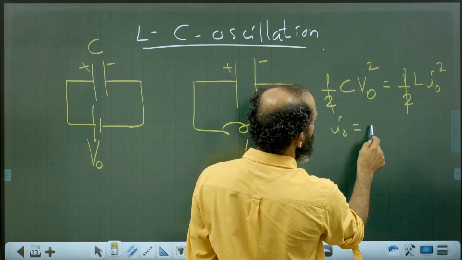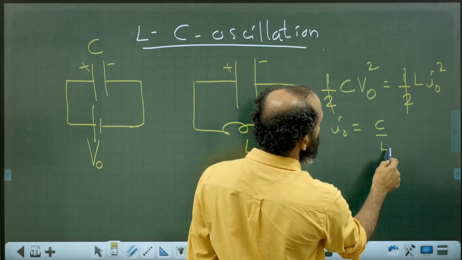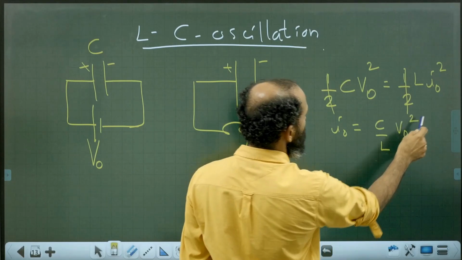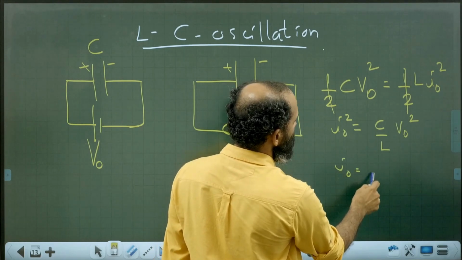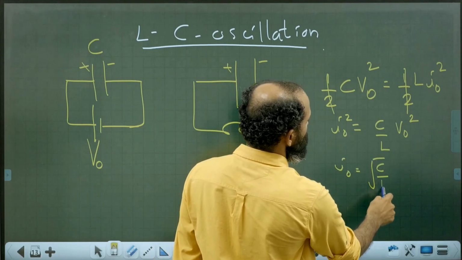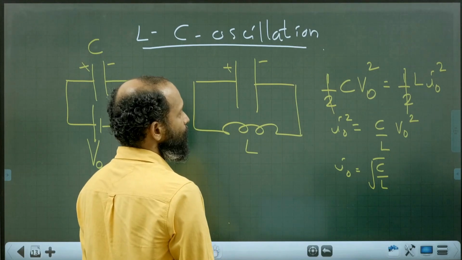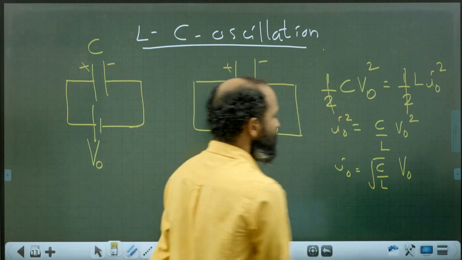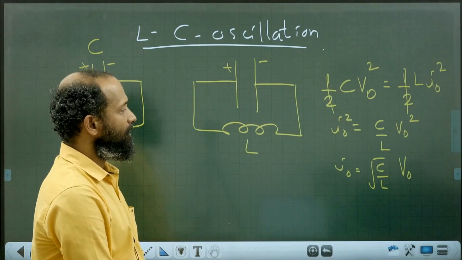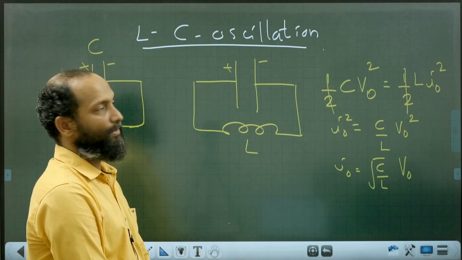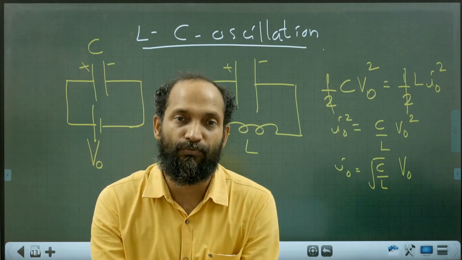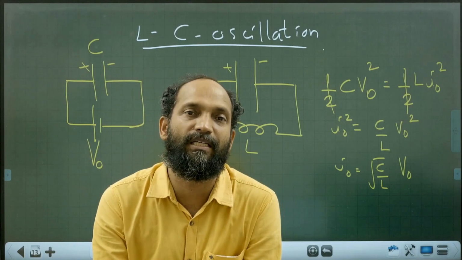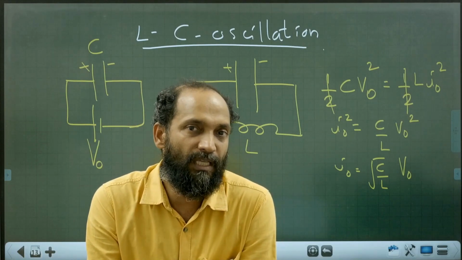I0 square equal to C divided by L into V0 square. So I0 equal to square root of C by L into V0. In that way, we can find a relation between I0 and V0 during LC oscillations. Such back and forth oscillation of electric energy as well as magnetic energy in the circuit is called LC oscillations.